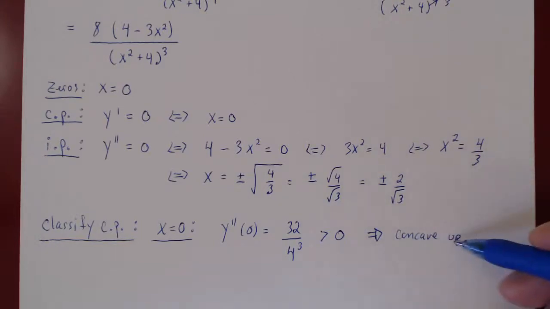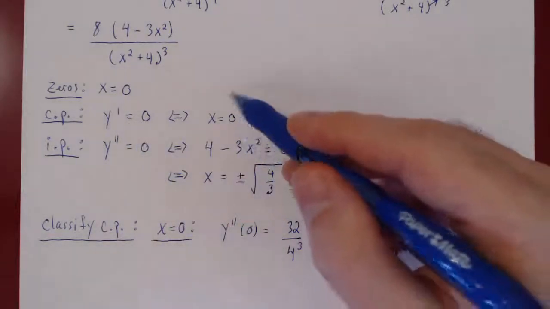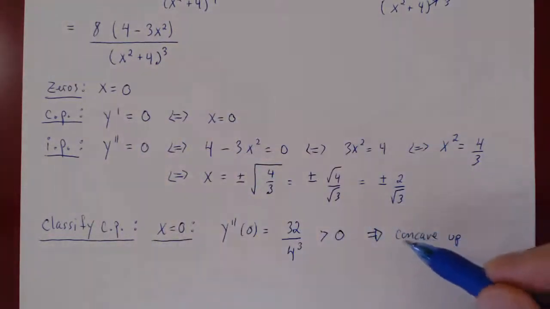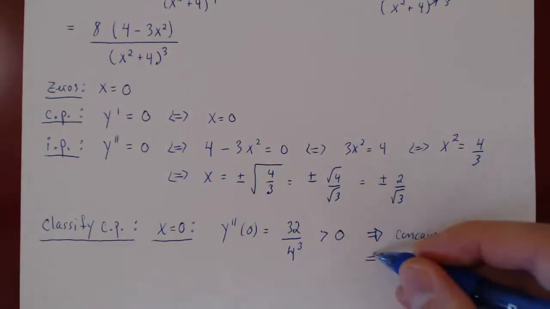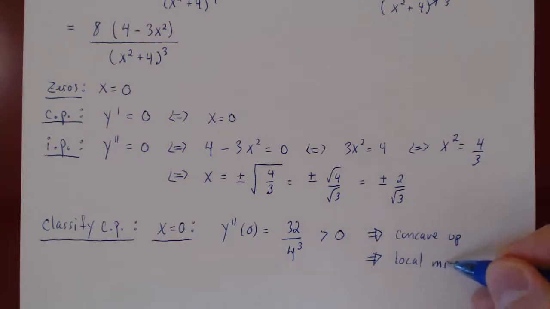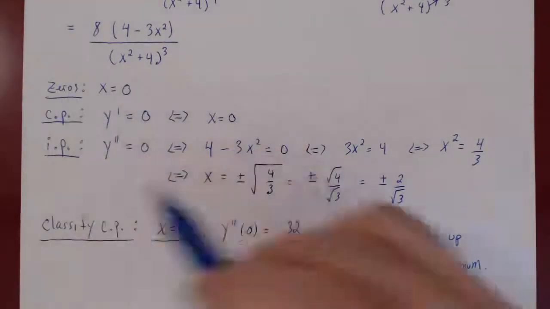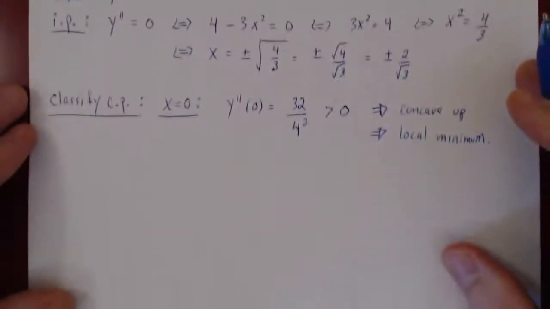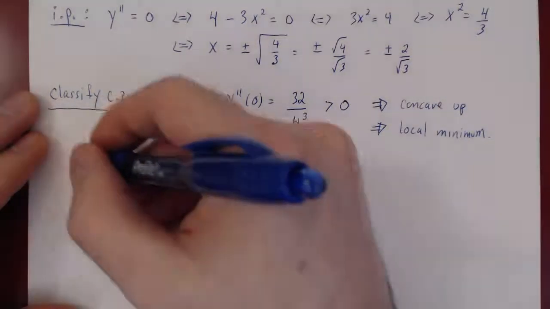But because the curve is concave up, and x equals 0 was a point where the derivative was 0, the curve is flat there and concave up, so we have to have a local minimum. And we also know that when x is 0, y is 0, so we can look at what the function would look like around x equals 0.